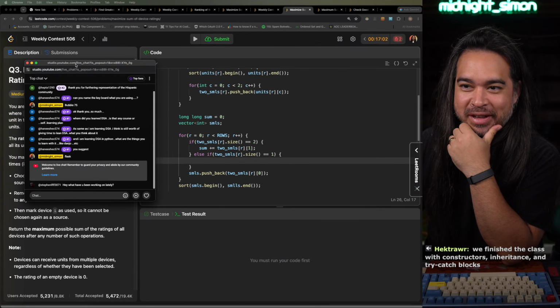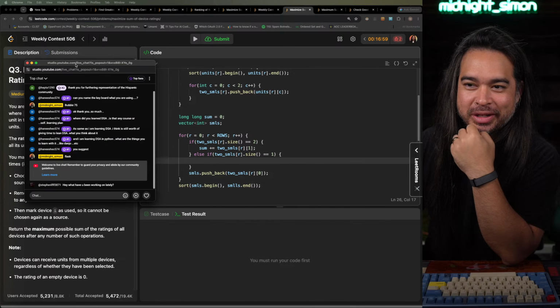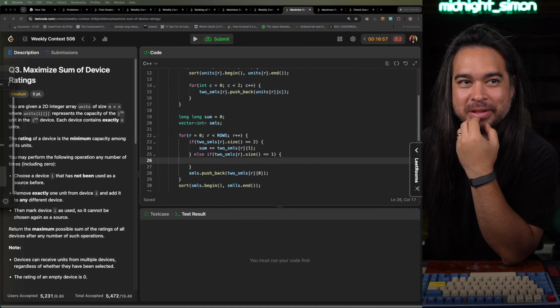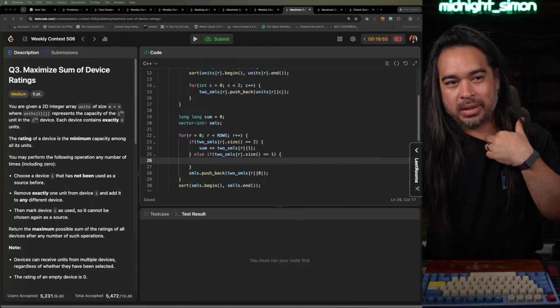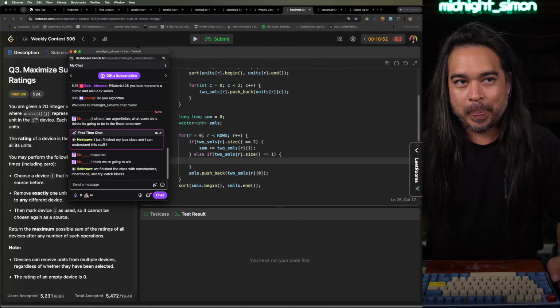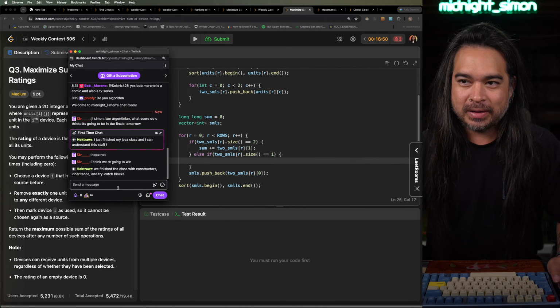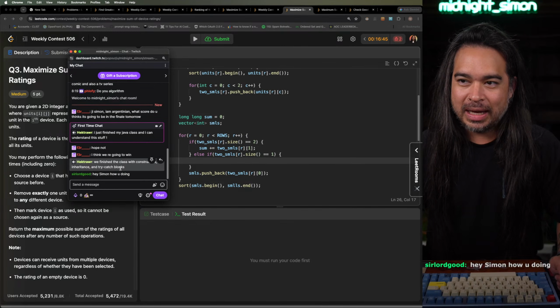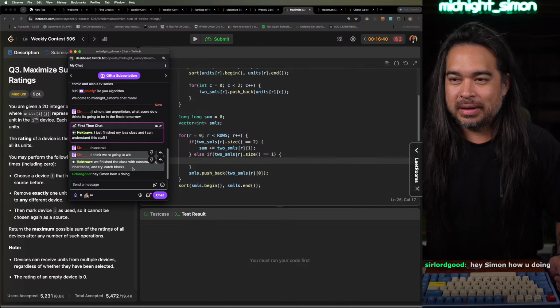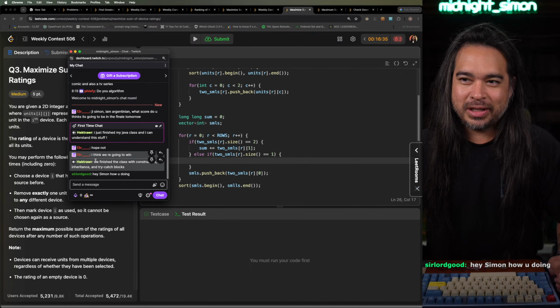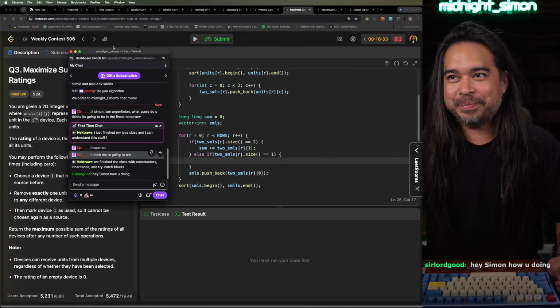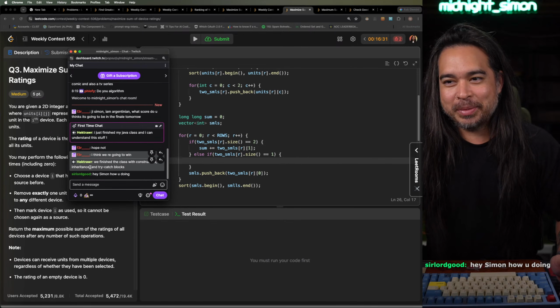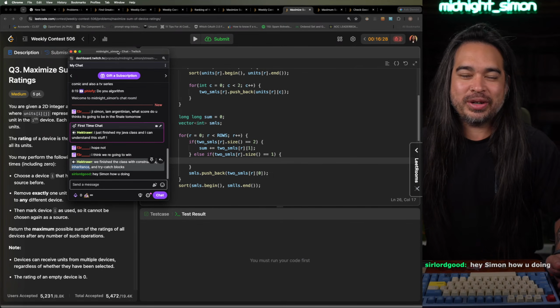What's happening? What have you been working on lately? I've been working on Algo Blazer, but mostly offline. I haven't done any vibe coding streams since I've been back. We finished a class with constructors, inheritance, and try catch blocks. Very nice. So I guess you're doing like object-oriented stuff. I don't really know that stuff too well, man. I guess I understand it, but some of the inheritance thing goes a little crazy.